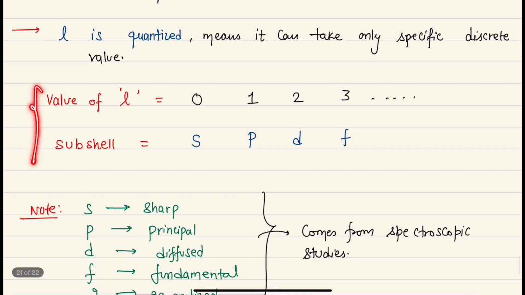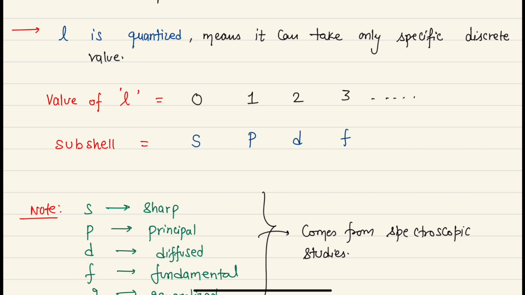And now we come to the value of L. If you have L equal to 0, it means it is an S subcell. If you have L equal to 1, it is called a P subcell. If you have L equal to 3, it is called an F subcell. So 0 for S, 1 for P, 2 for D, and 3 for F. Clear? So if I give the value of L, you can tell me which subcell it is.